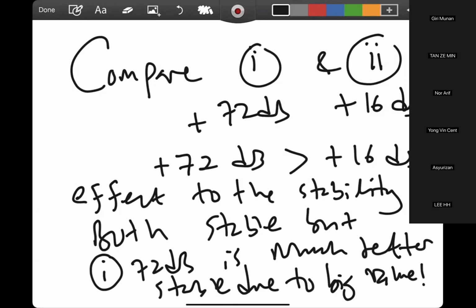Okay, it's more bigger, 72 decibel, more stable compared to the 16 decibel. 16 decibel reduce, become 10, reduce, become 5, reduce, become 1 decibel, and when you reduce again, it becomes 0 dB. So when 0 dB, it is marginal stable. Okay.